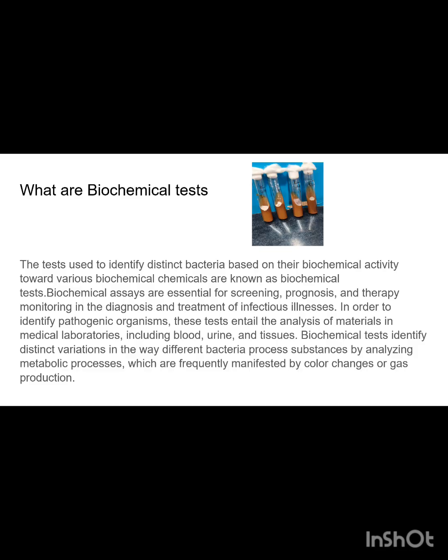So after identifying which biochemical compounds the bacteria reacts with, the microbiologist will come to a conclusion that this bacteria is this species. After confirming that, he will do the AST. What is AST? AST is the antimicrobial susceptibility test.